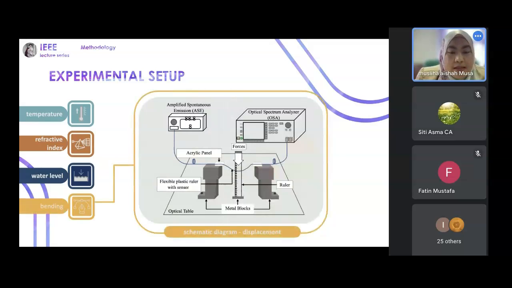Okay, for the bending, sometimes we must think out of the box, because in my case, I figured out the bending setup myself, so I use a plastic ruler at the stage, as you can see here.